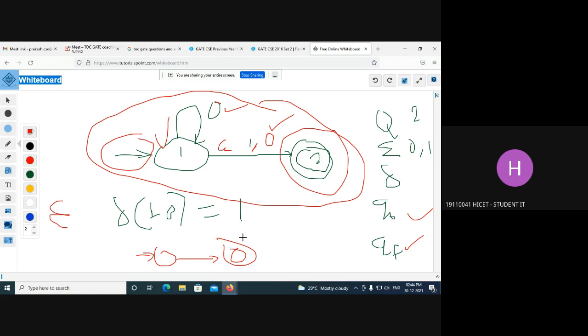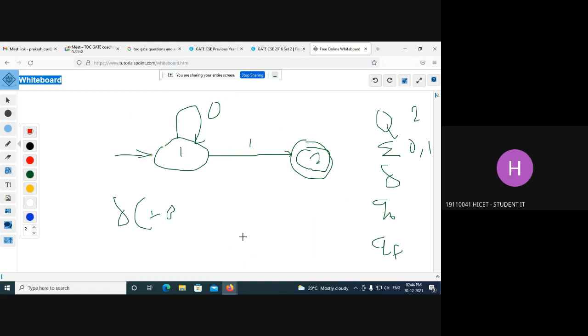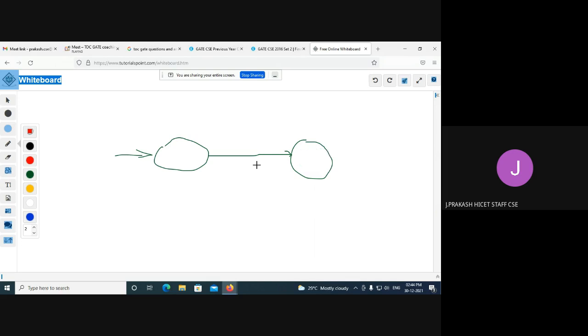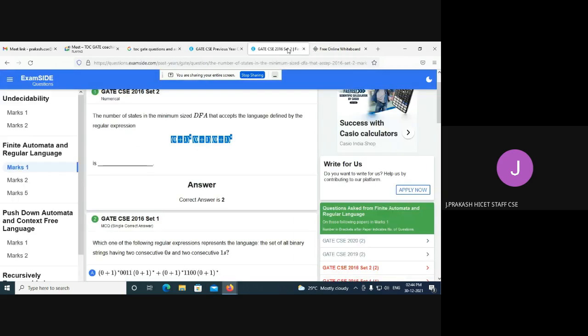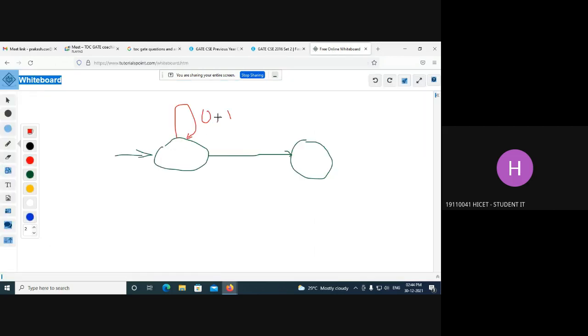Okay, now I'm going to draw the example for that. First, 0 plus 1 whole star. This is 0 comma 1, 0 comma 1. What is the next one? 1, then 0 comma.